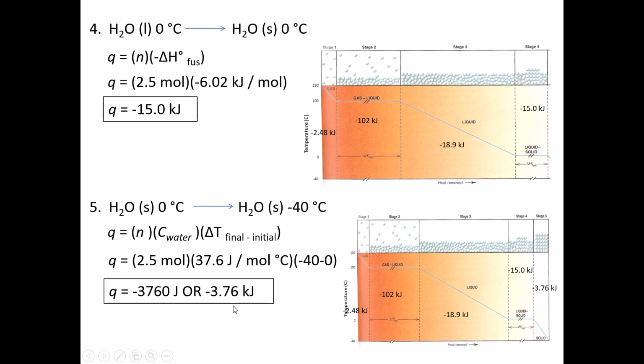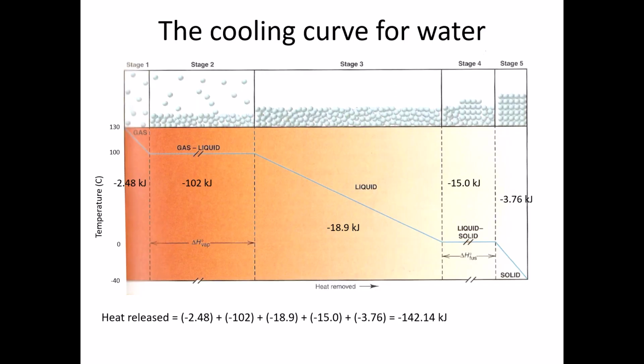Alright, so we had 5 steps in this problem because we started with a gas and we wanted to go all the way to a solid. So then we're going to add up all 5 Q values. Notice that they're all negative. So if we're doing a cooling curve, all of your Q's will be negative, as heat is released at every single step.